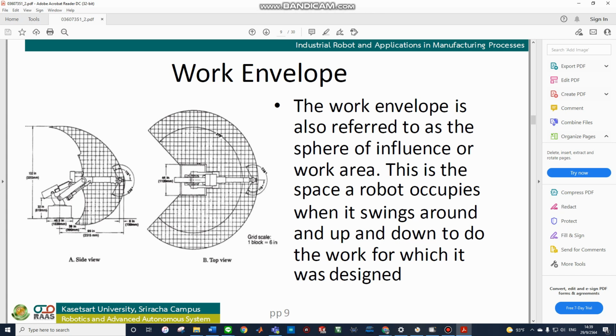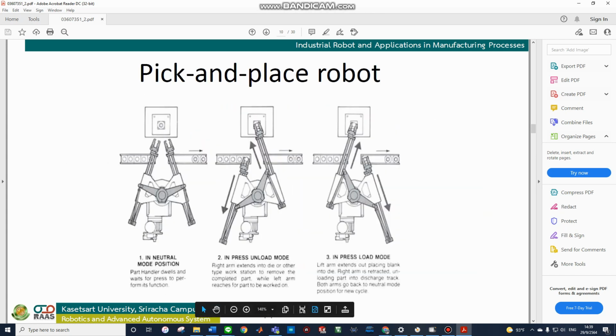This is the space a robot occupies when it swings around and up and down to do work for which it was designed.